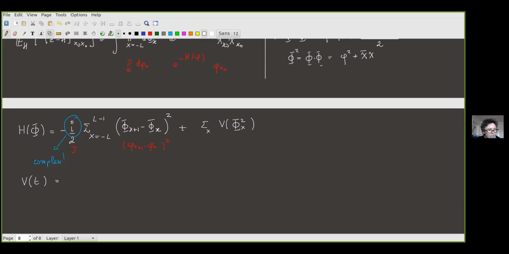So V of t is minus i z times t minus log nu hat of t, where nu hat of t is the Fourier transform of the probability distribution. So it's the average of exponential of i t v. This is the only point where the fact that the potential V is random enters.